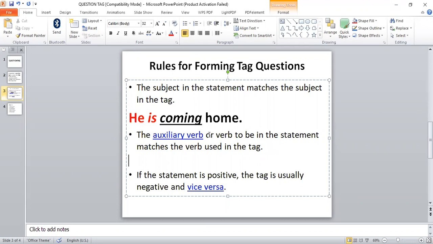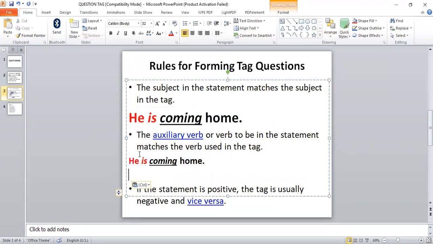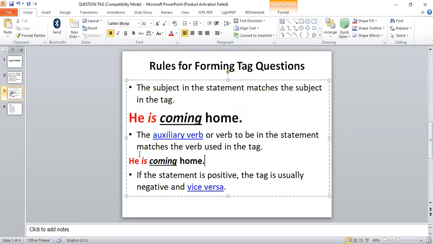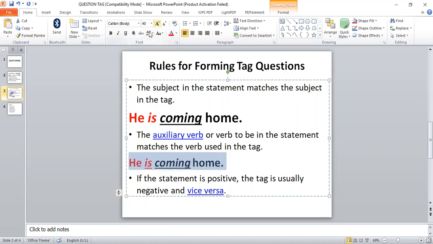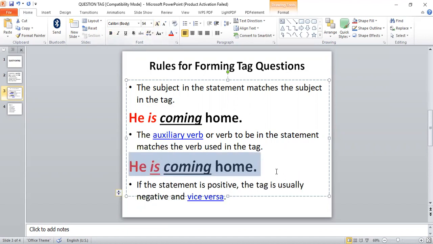Now, if I bring these statements down into this second row, my auxiliary verb is what I have underlined here. So the auxiliary verb that I have here for this second rule will be is.